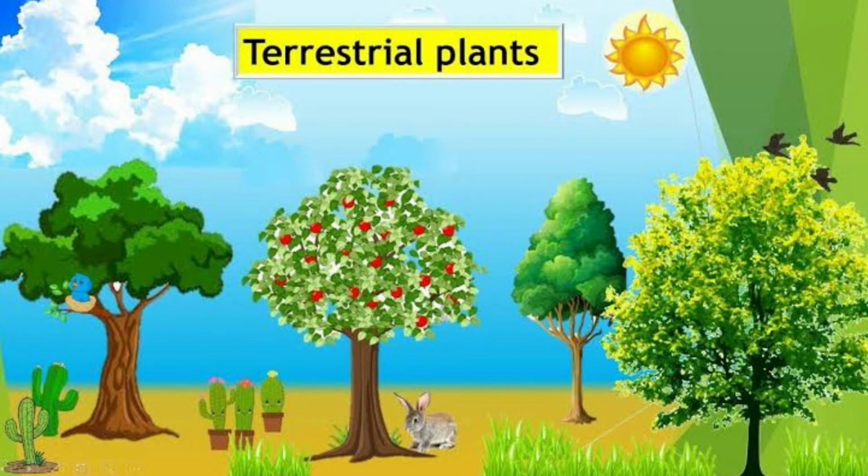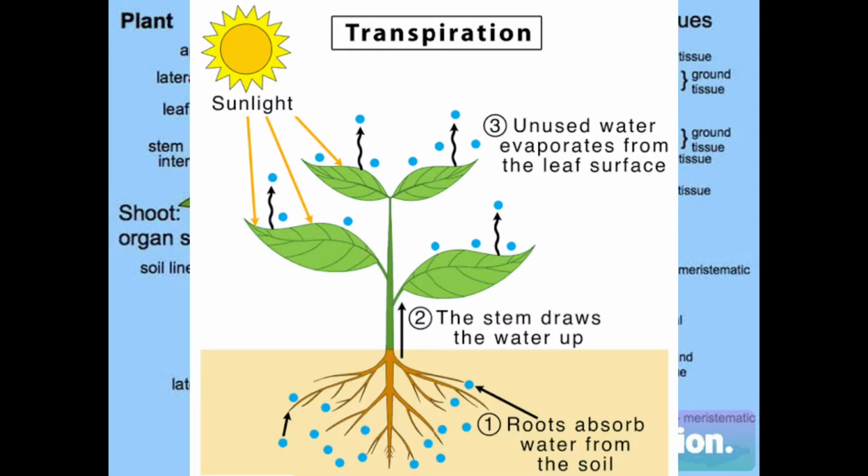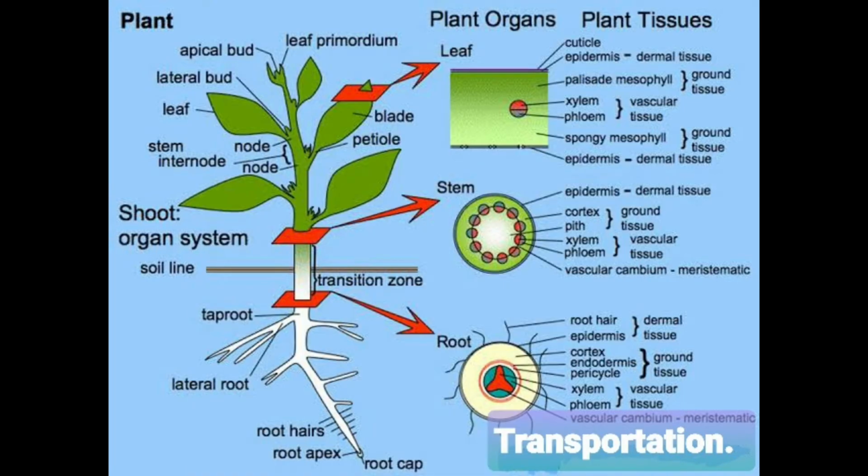You might have heard this word very frequently: transpiration. Transpiration means loss of water in the form of water vapor through the stomata of leaves. Remember this topic, transpiration.